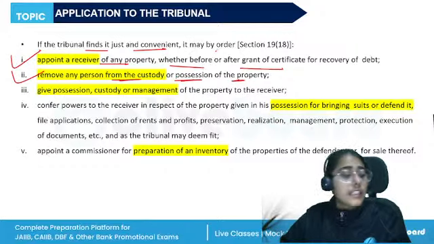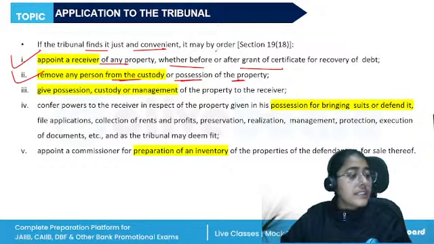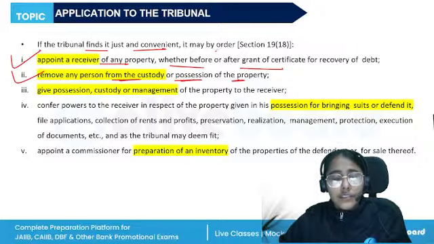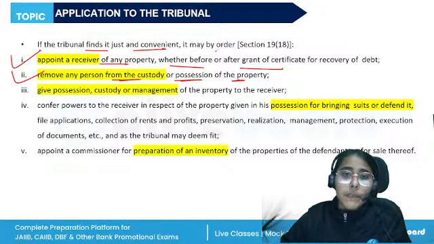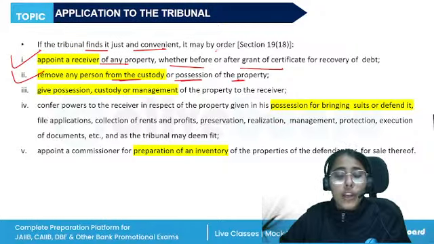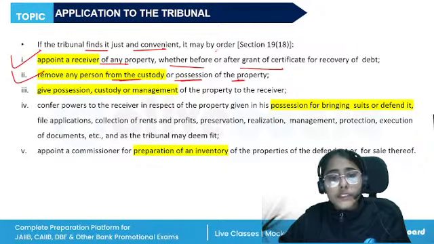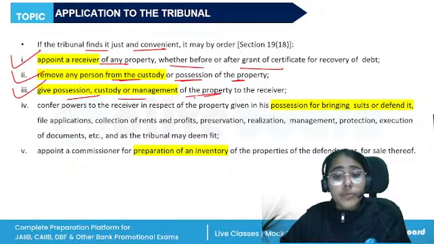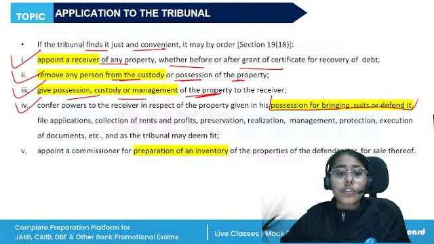Here the tribunal, after hearing both the parties, after seeing the terms referred to by the complainant and the defendant, gives the order to appoint a receiver, to remove any person from the custody, to give the possession, custody, or management of the property to the receiver, or confer the powers to the receiver which are required for bringing suits or defending.